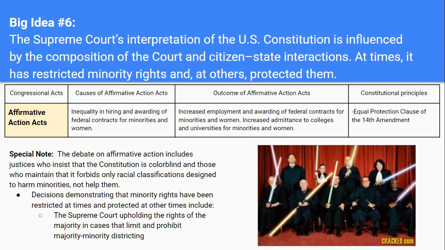Okay, so what affirmative action is: if a white male and a minority, male or female, are equal, they have about the same qualifications, it is legal to offer the opportunity to the minority.